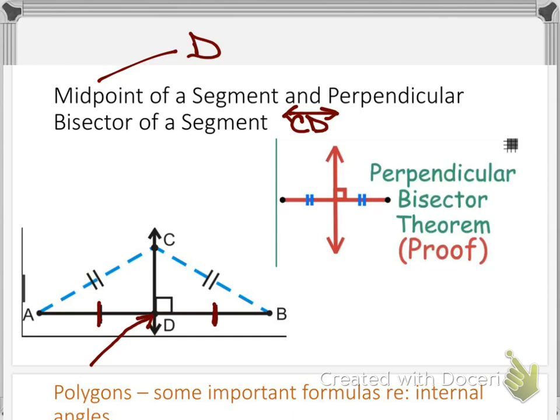First, it's perpendicular to line segment AB. That's the first rule. And the second rule is that it bisects. When it bisects segment AB, it divides it exactly into two equal pieces. So you want to know that. You don't need to prove it. You want to just have a working knowledge of that vocabulary.